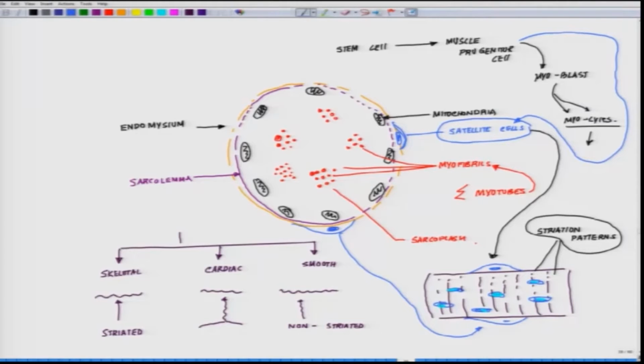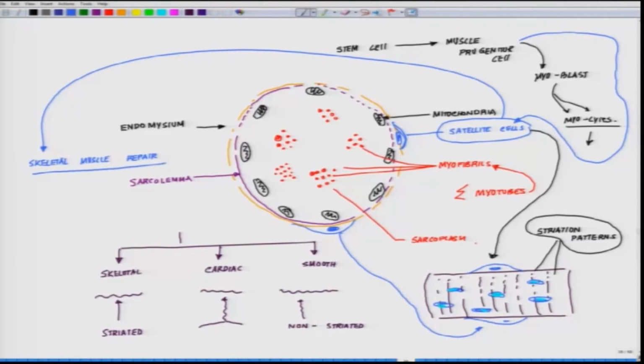These satellite cells come very handy for skeletal muscle repair, because whenever they are damaged, they have the tremendous potential to divide and take up this route again, from here, take up the route of myoblast to myocytes and so on and so forth.